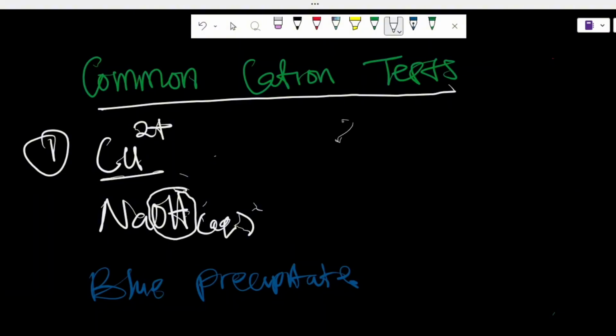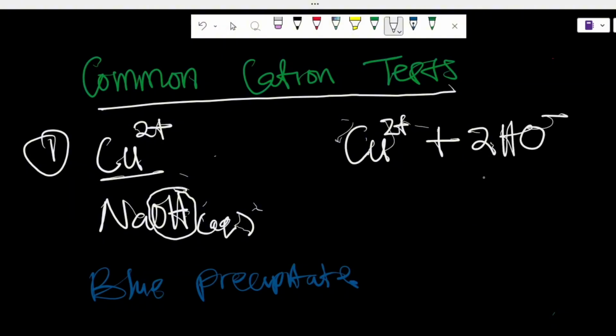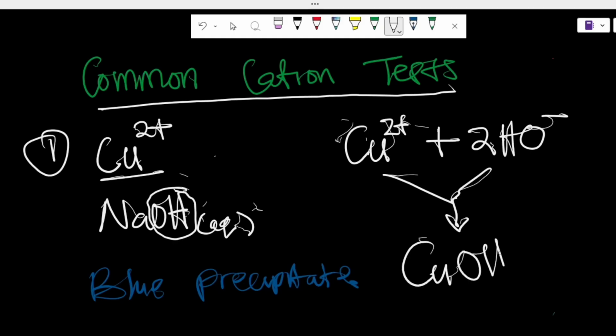And so when you have copper 2 ions plus hydroxide ions, this is going to give you copper hydroxide. And this copper hydroxide is actually a blue precipitate.